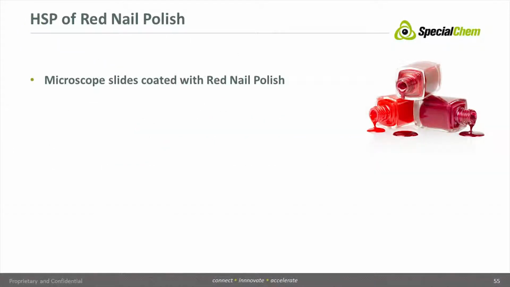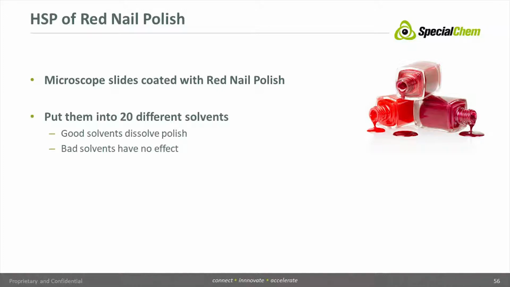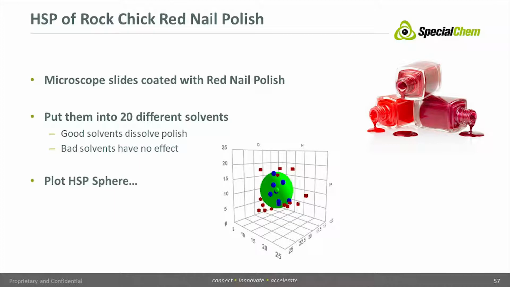Take some red nail polish, which is not, of course, a single polymer or pigment. Coat it onto a large number of microscope slides and dry them. Now put those slides into 20 solvents and see which are good, the polish falls off the slide, and which are bad, the polish is untouched. Then do the usual sphere trick and you get the HSP of red polish as a whole formulation.